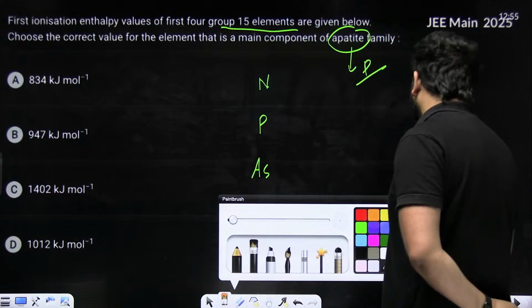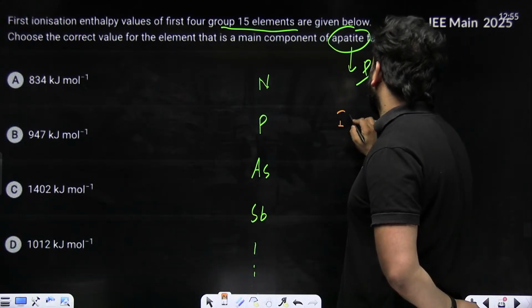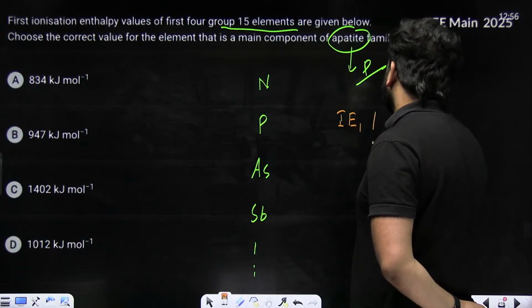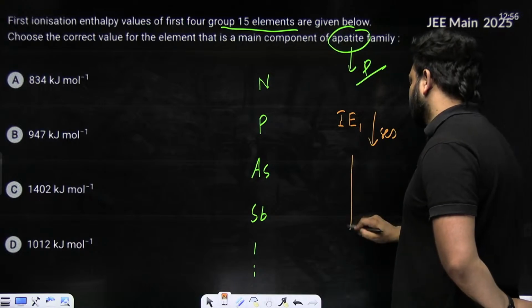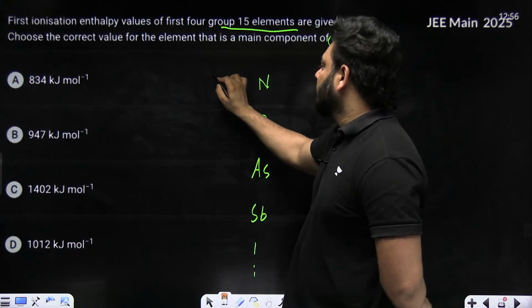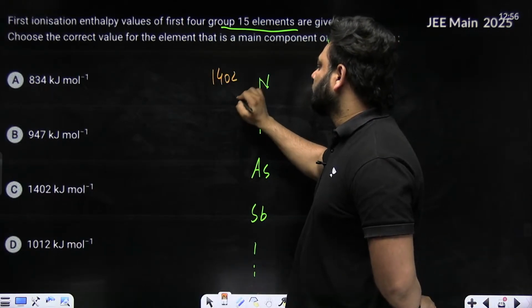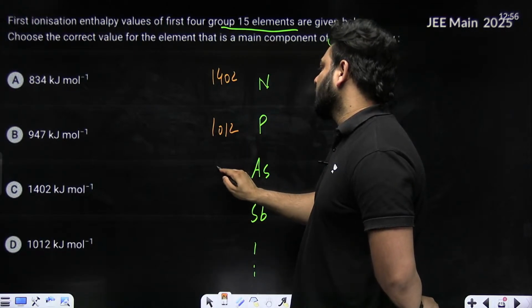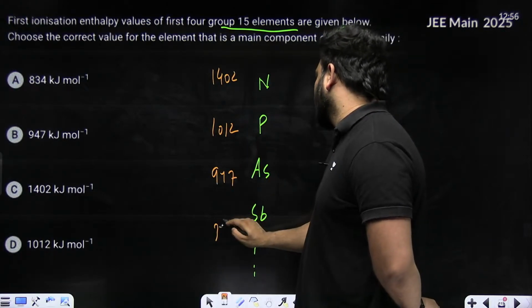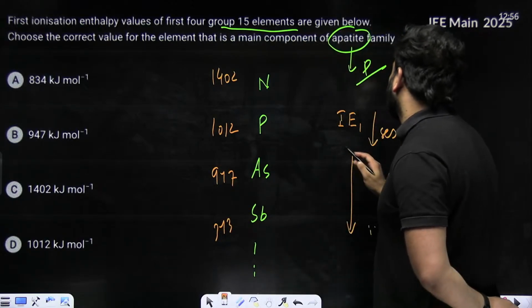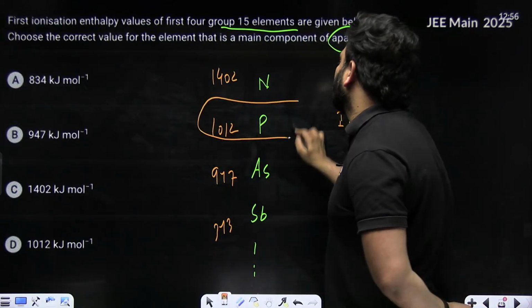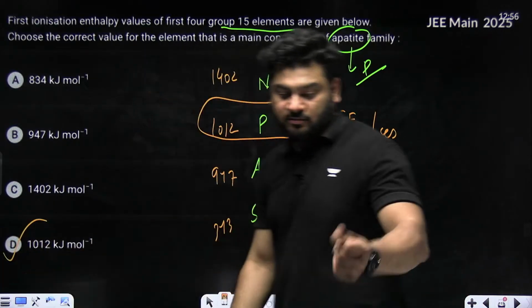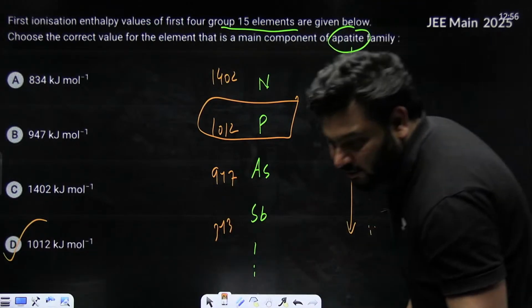We all know that their ionization enthalpy 1 simply decreases on moving down the group. So nitrogen will have the highest, 1402. This is 1012, this is 947 and this is 343. This was asked which one will be for the apatite family. P is the correct answer, so it will be D. It's a simple question, by the way. D is the correct answer.